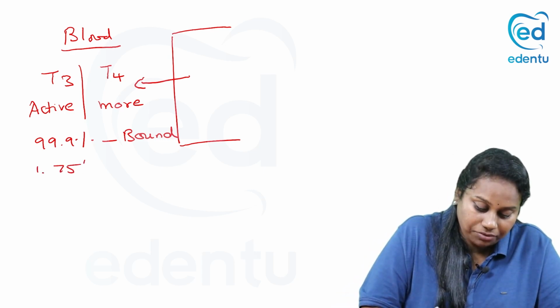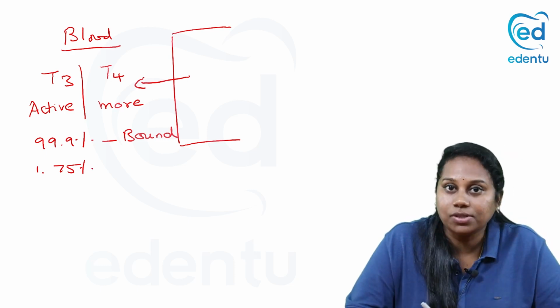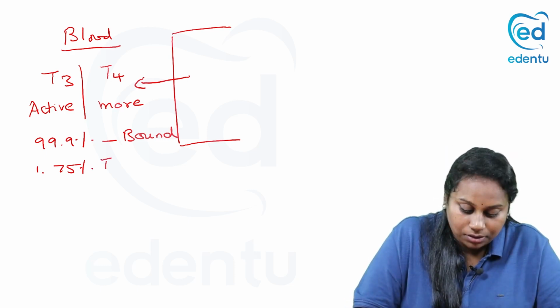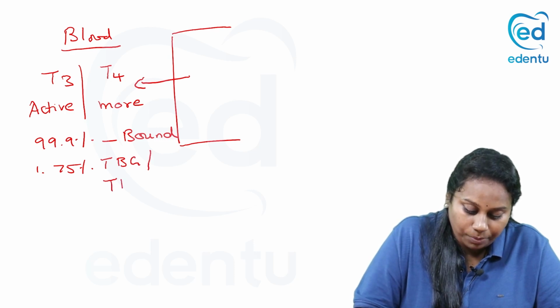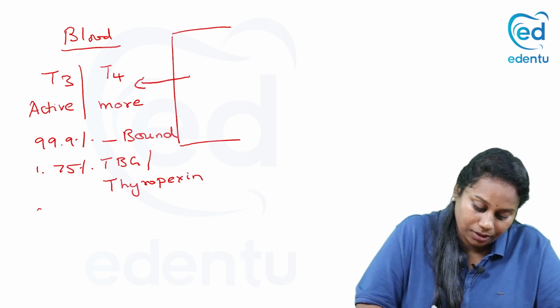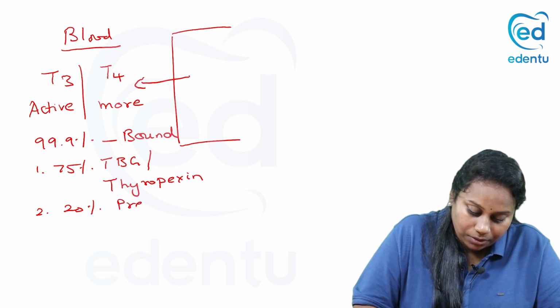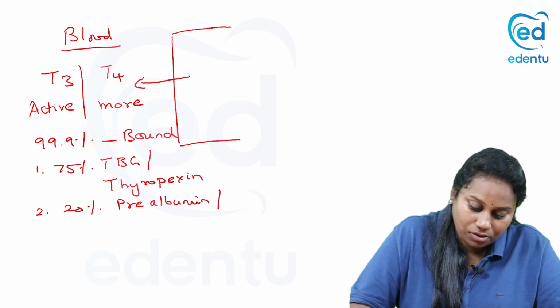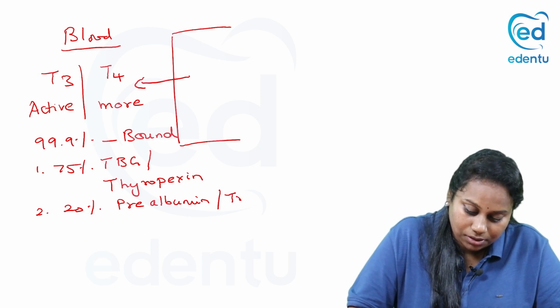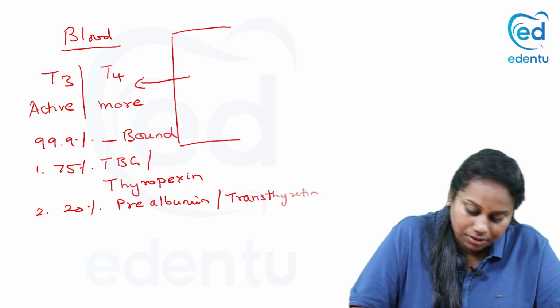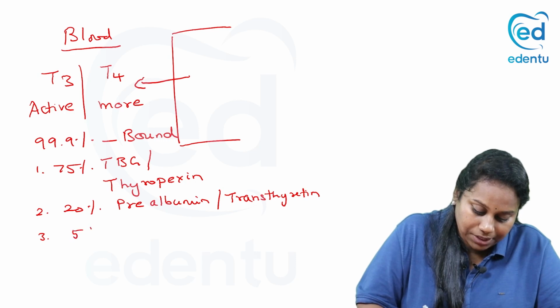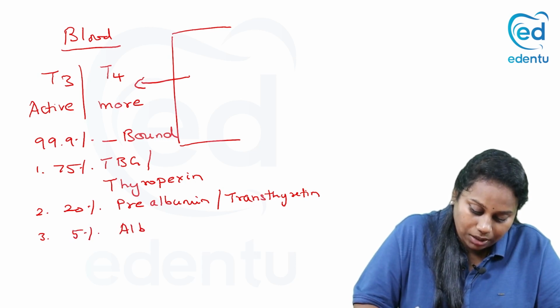So 75% of the thyroid hormones are bound to thyroid binding globulin or thyroxine-binding globulin. 20% is bound to prealbumin, otherwise called transthyretin, and the remaining 5% is bound to albumin.